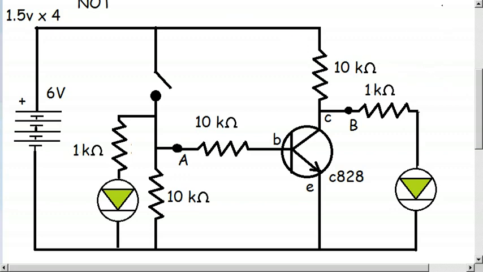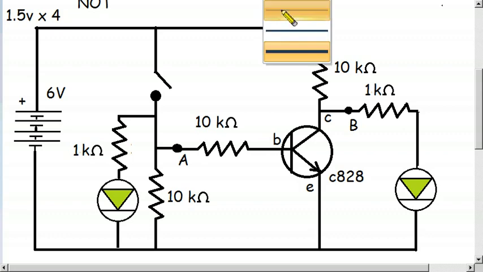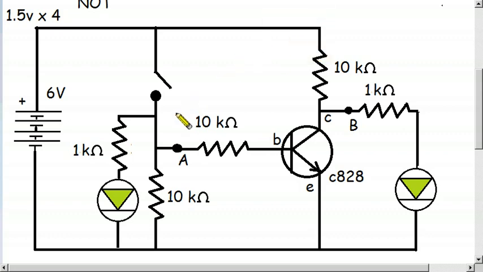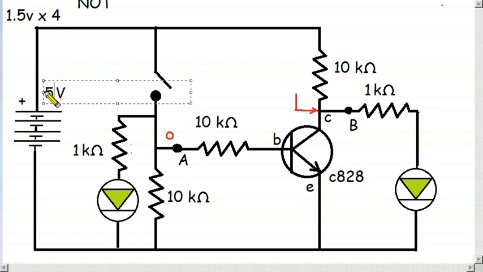If this switch is off like this, then the voltage here is 0 because it is connected to the negative line. Then there is no current here, then the voltage at this point is 5 volt, say 5 volt, because the battery is low a little bit after using some days.